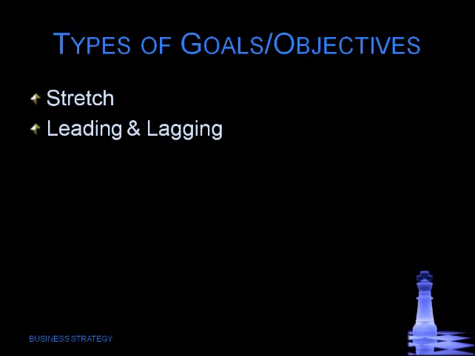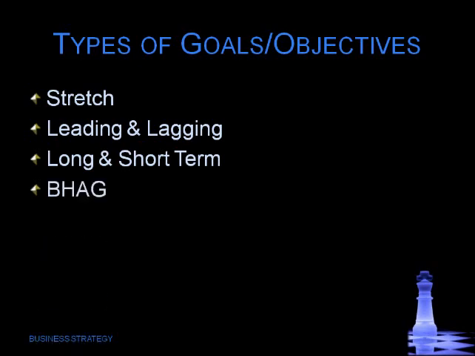That's leading. We're doing it in advance. Lagging is a way to check to see if we've accomplished a goal. So our customer survey would be a lagging objective or a lagging goal. Long and short term: a year or less than a year.